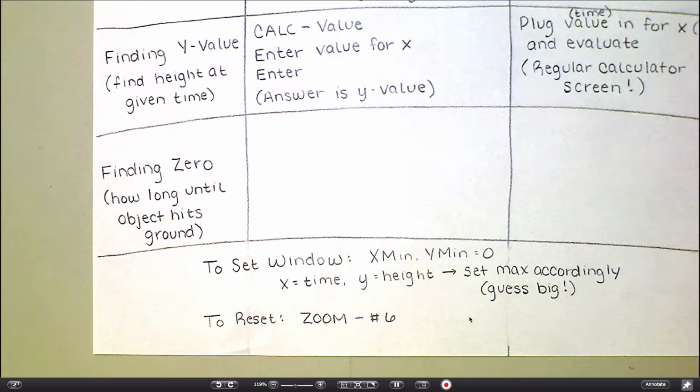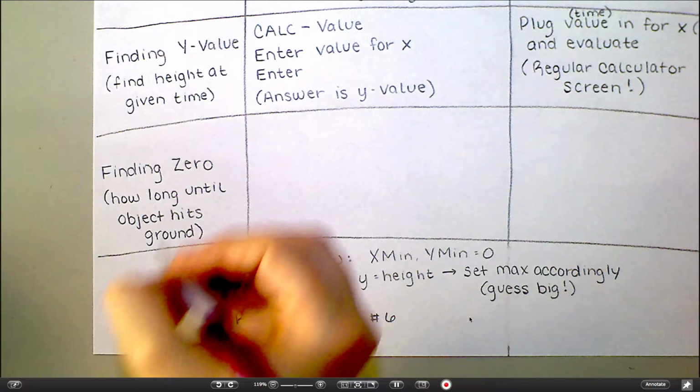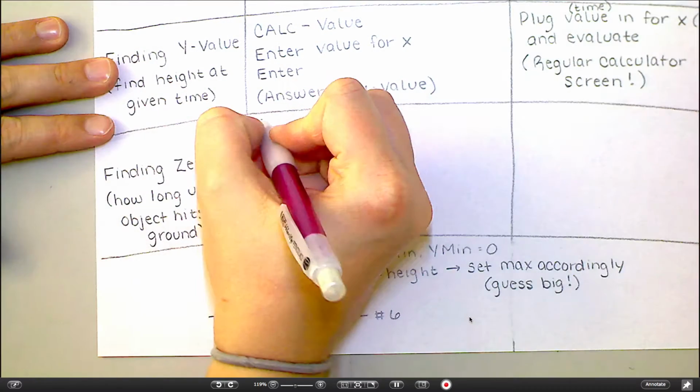And there's an easy way and a hard way to do this. Most of the time, the easy way is going to be enough. If the question asks you approximately, or about how long, you're going to be able to estimate just from looking at the graph.